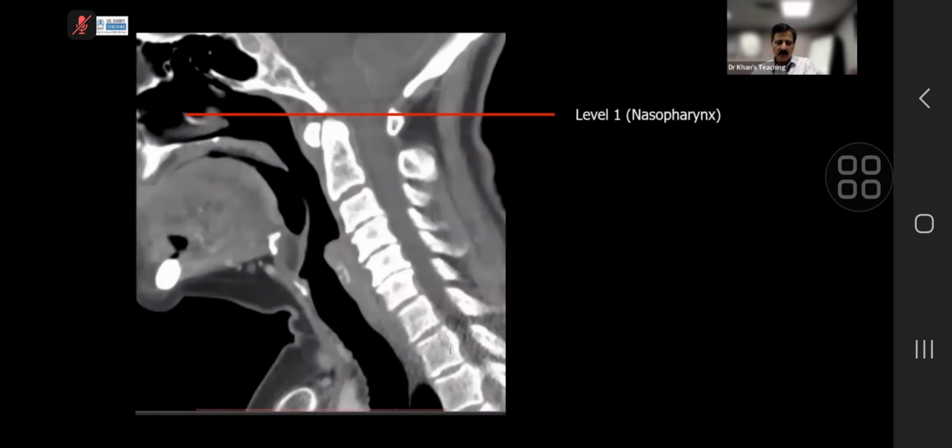Now, orient yourself, basically orient yourself at levels. So we are going through the pharynx now. This is what I call level 1 or the nasopharynx level. So if you see here, the slice is going through it. The hard palate, or the soft palate, is not included here, right?